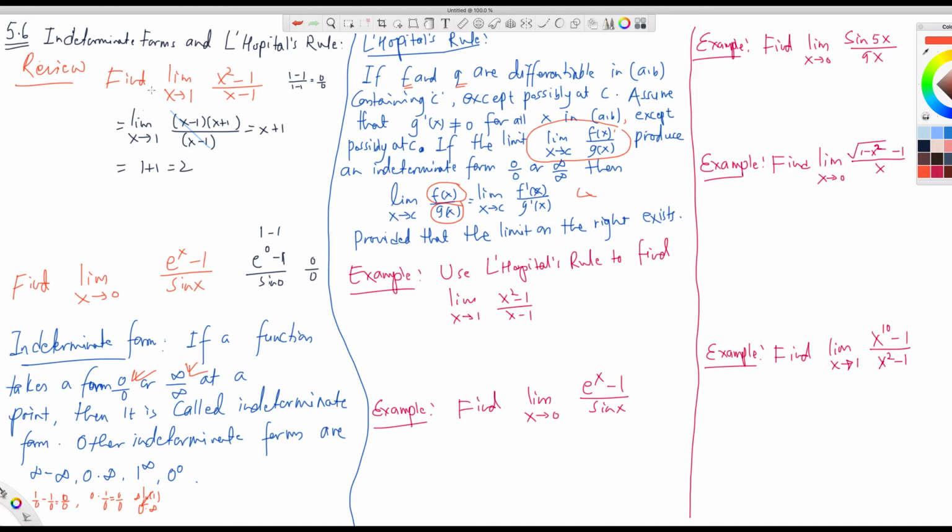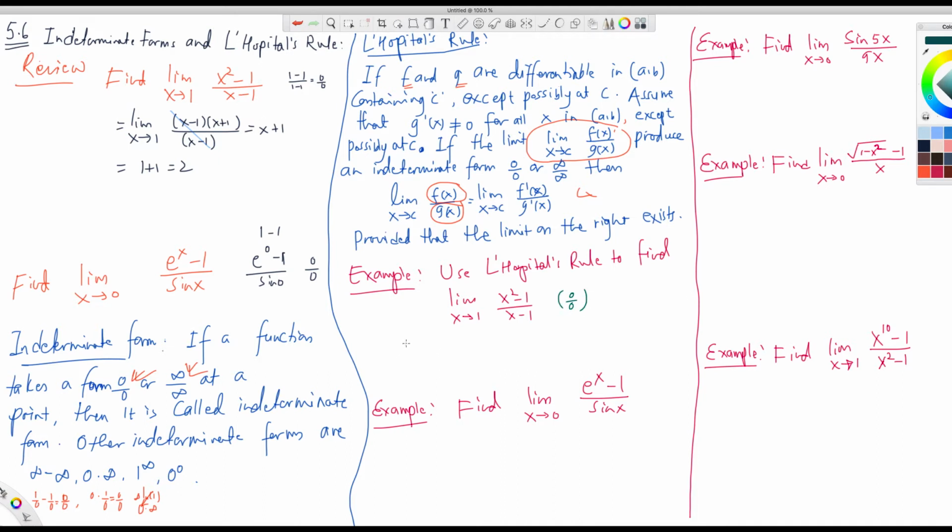Let us do exactly the same problem, like the example that we discussed. Use L'Hopital's rule to find the limit of this function. Let us plug in the limit directly. You get 1 squared minus 1 over 1 minus 1, which is 0 over 0, an indeterminate form.